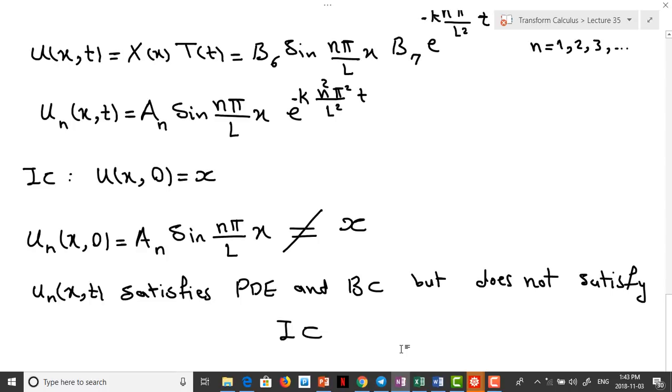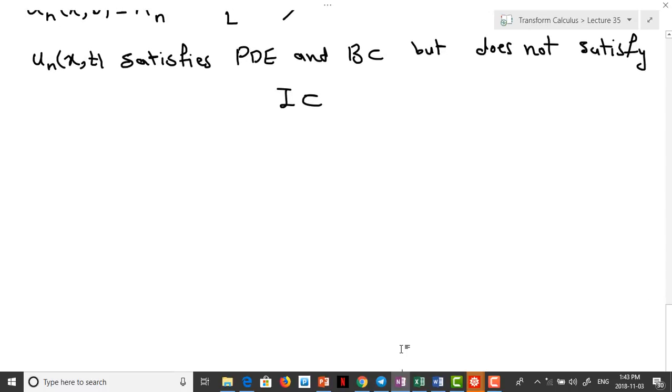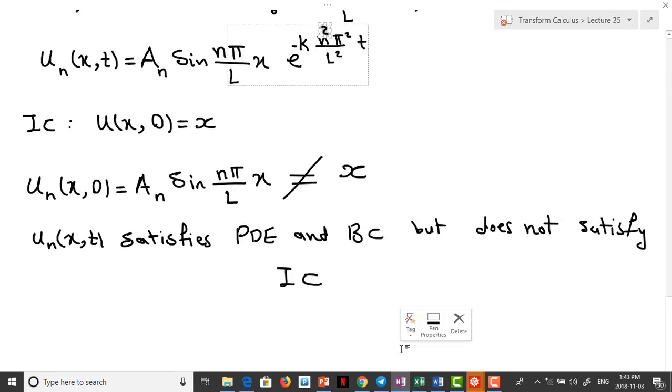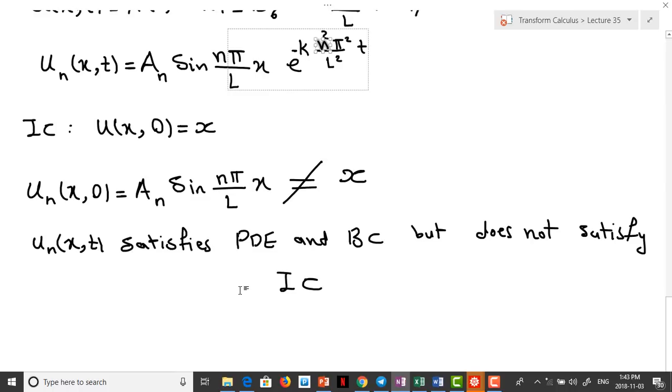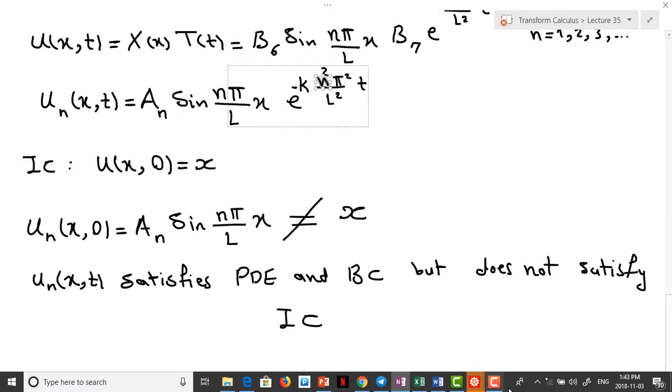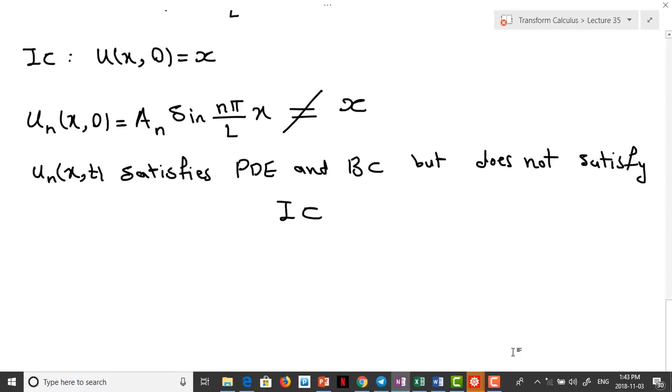What we have to do if it does not satisfy initial condition? So here we see that un of x and t is a solution for the problem that satisfies partial differential equation and boundary condition.